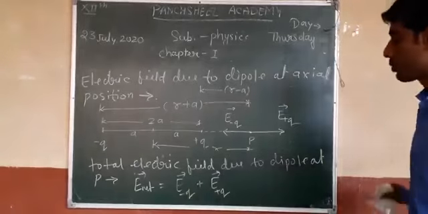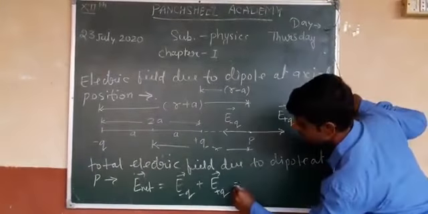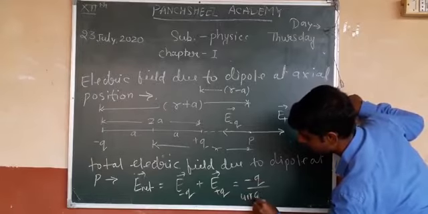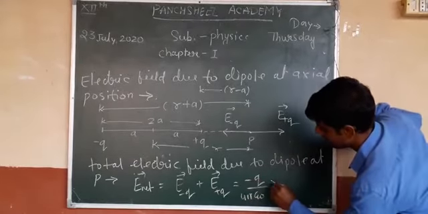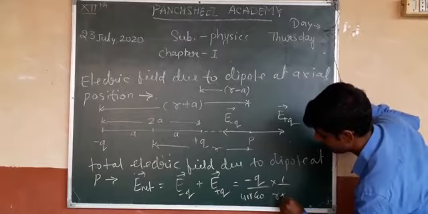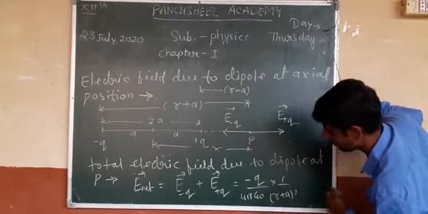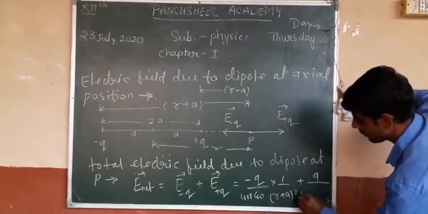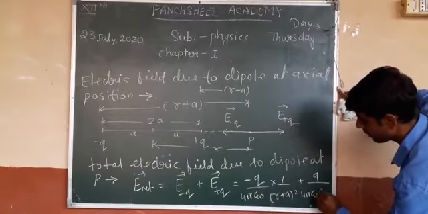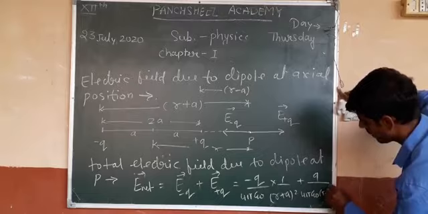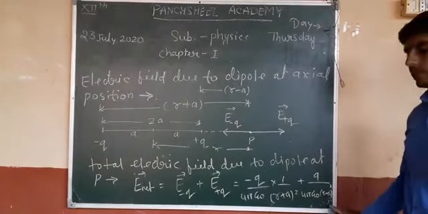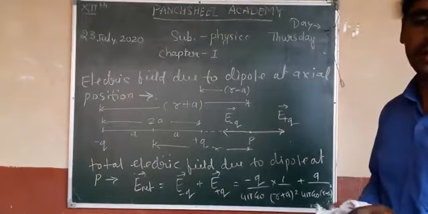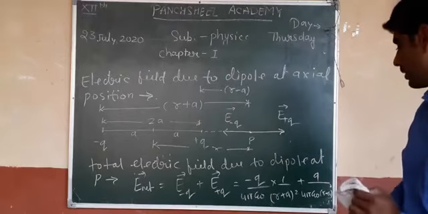Put the values of these two: minus q upon 4 pi epsilon naught, 1 upon (r plus a) whole square, and q upon 4 pi epsilon naught (r minus a) whole square. Simplify these two things and you will get the answer.